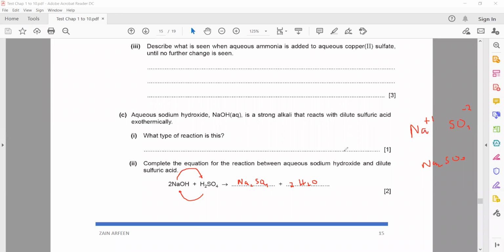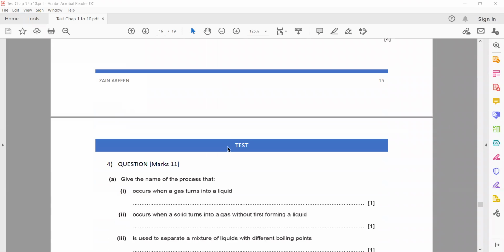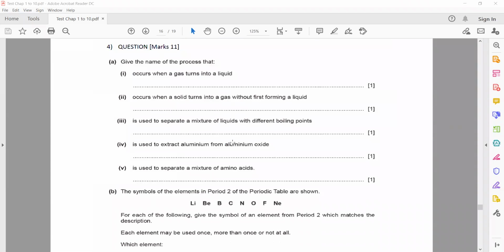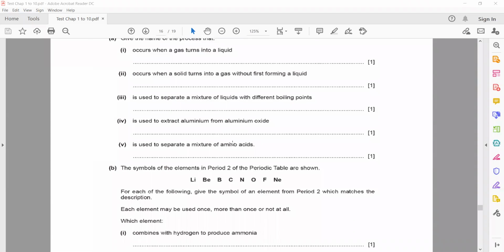Is it clear? Any other doubt? Any other question if you have doubt? Is there any other question?